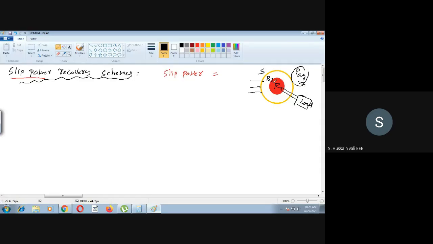The remaining power you can call slip power.